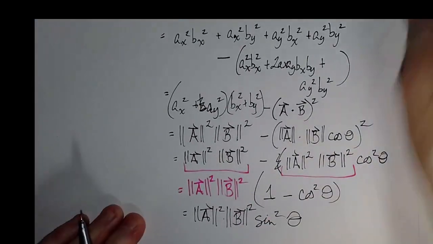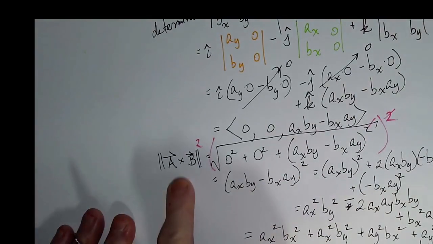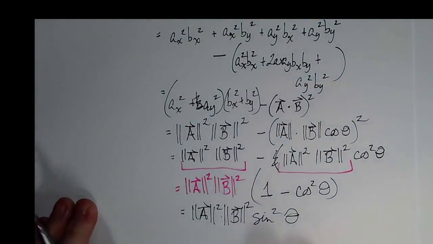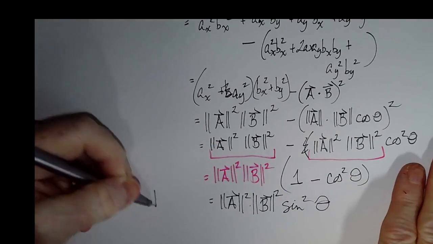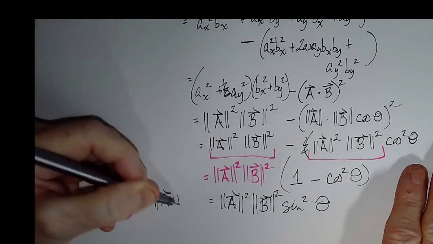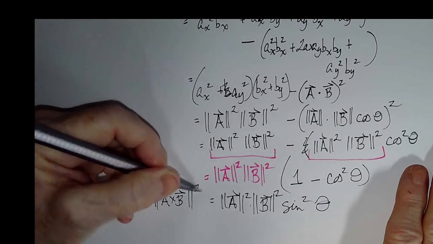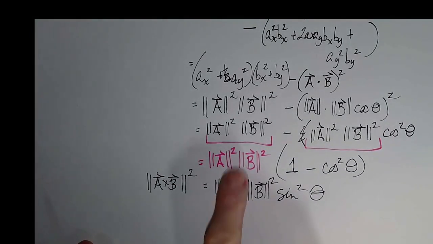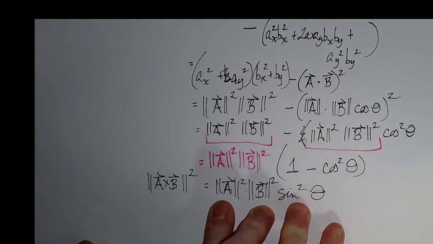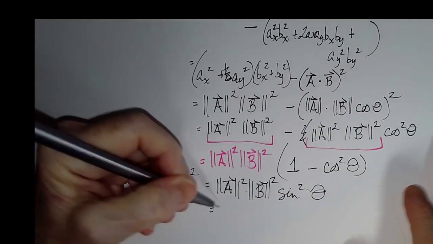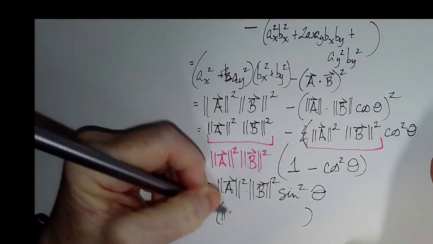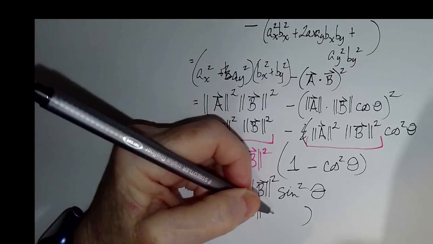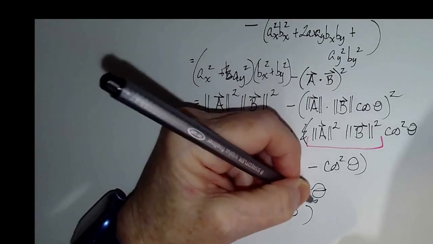And what was all of this? We took the magnitude of the cross product and squared it. So this is equal to the magnitude of the cross product squared. Again, I've got 3 things multiplied, and they're all squared. So I can write those 3 terms as magnitude of A times magnitude of B times sine theta, all squared.